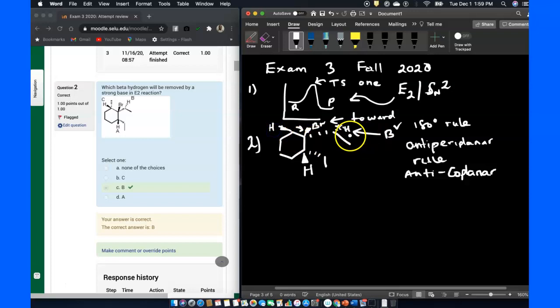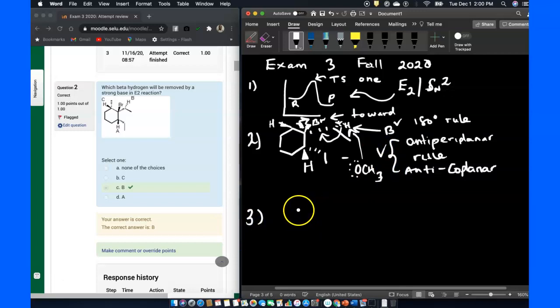The base will always remove a hydrogen that has opposite orientation to the leaving group. So if you use a strong base like OCH3-, it takes that hydrogen out, this bond makes a double bond, and of course the leaving group leaves. Okay, so the key point here is that true?